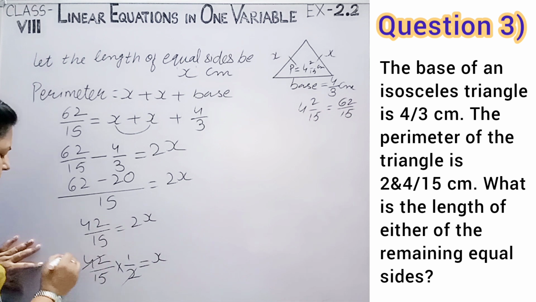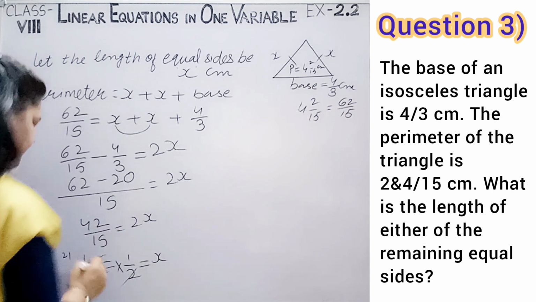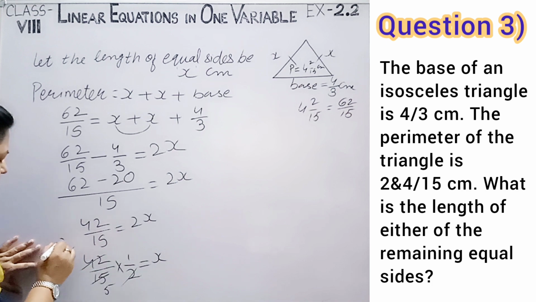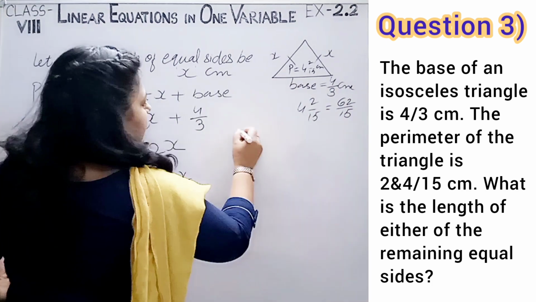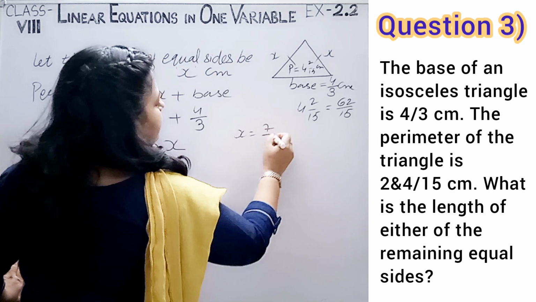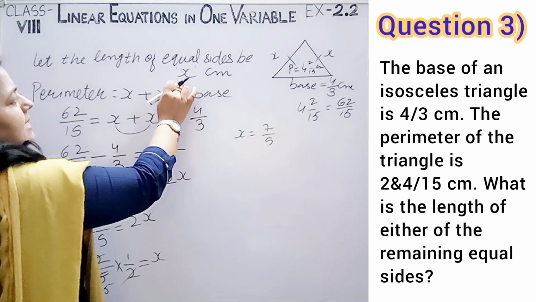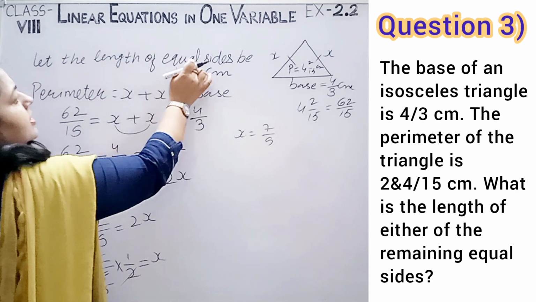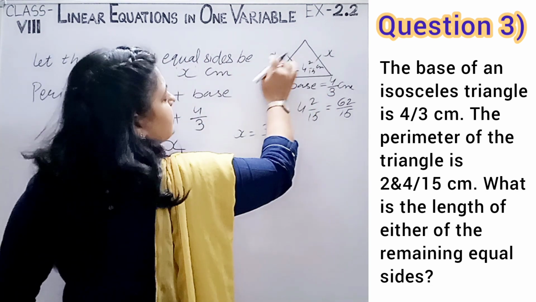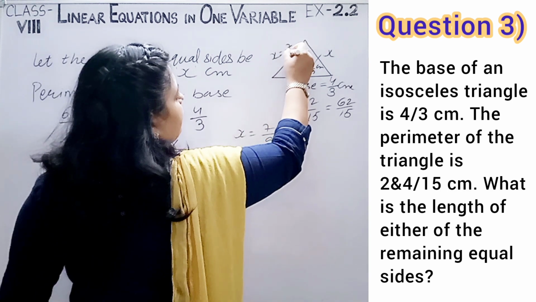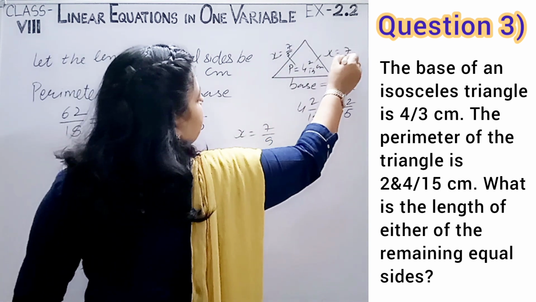Cancel out. 3 5s are 15, 3 7s are 21. So x equal to 7 upon 5. And in the question we had to find out x, and what was x? X was the length of the equal sides, and these are the equal sides of the isosceles triangle. It means this is 7 upon 5 and this is 7 upon 5.